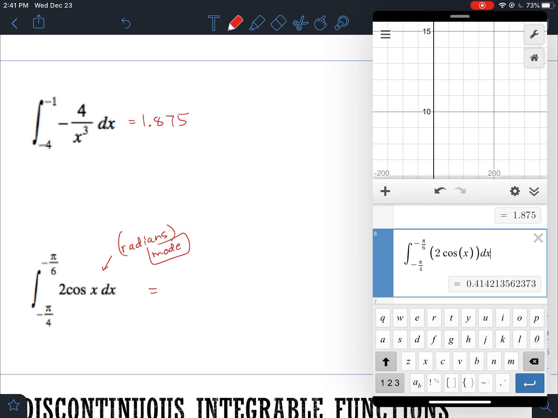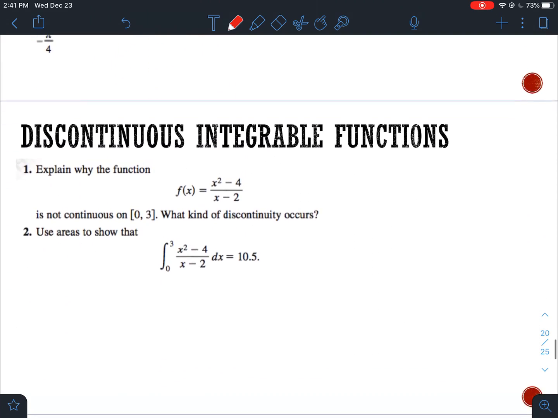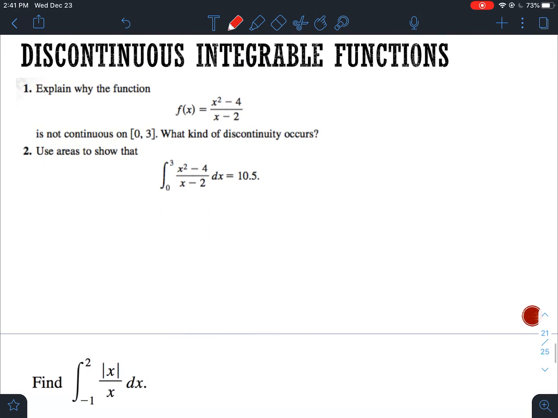And then for Desmos, to make sure you're in the right form, hit the wrench. And then down at the bottom, you have degrees and radians. Make sure radians is highlighted, and mine is, so we're good. So go back here. So this is going to be 0.4142. And that would be using Desmos or your graphing calculator to find definite integrals.